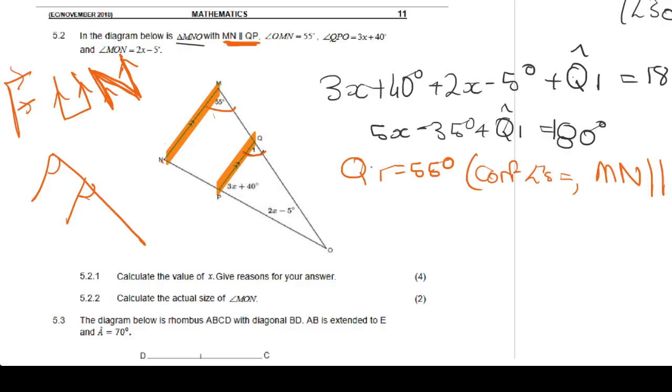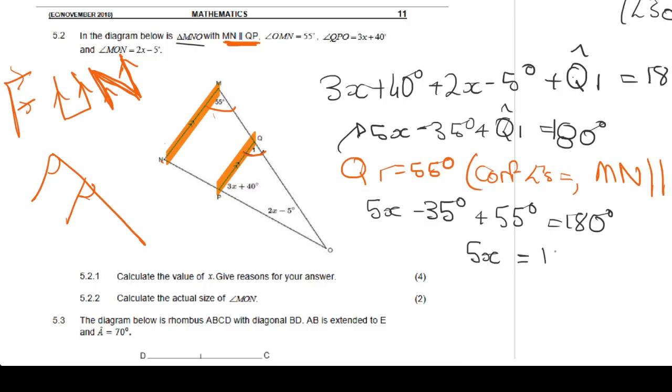So let's substitute it back into this equation, right? So 5x plus 35 degrees plus 55 equals 180 degrees. Let's simplify this. So this will be 5x is equal to 180 minus 55 minus 35.